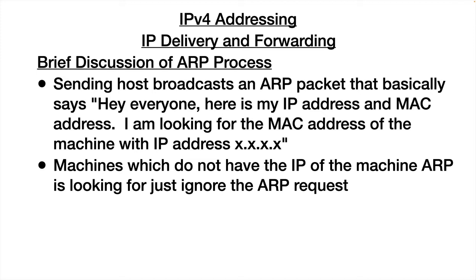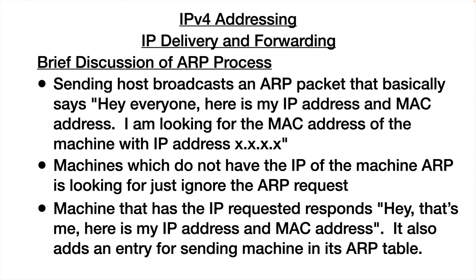Machines that do not have the IP that this machine is looking for simply ignore the ARP request. The machine that has the IP responds back with an ARP reply and says, hey, that's me. Here's my IP address and here's my MAC address.